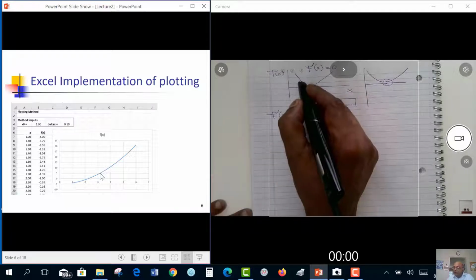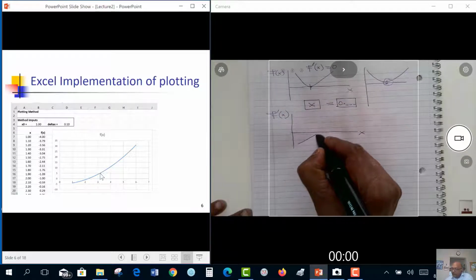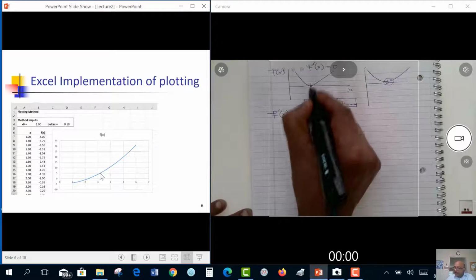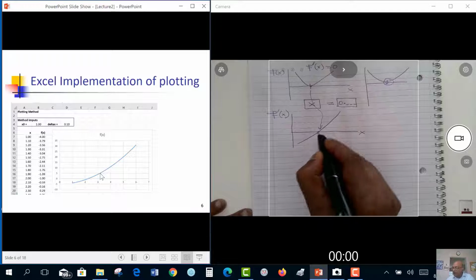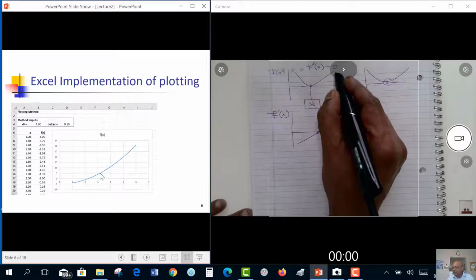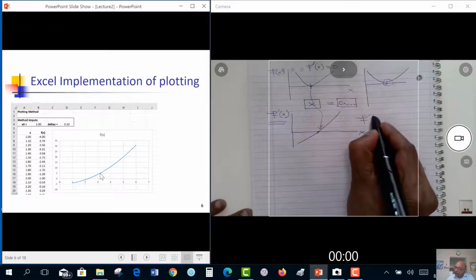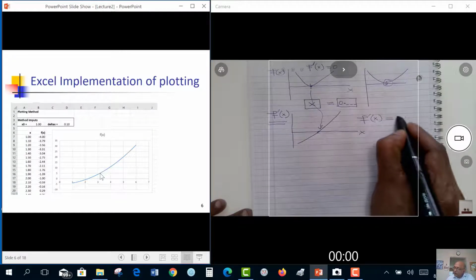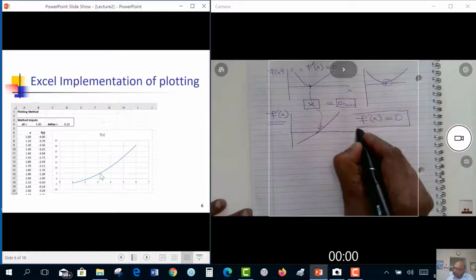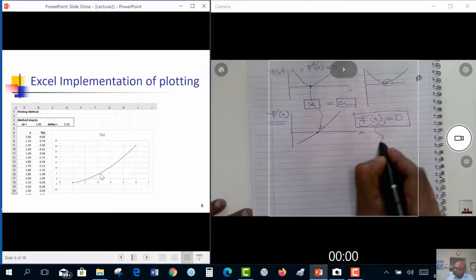You can see here the derivative is negative and then exactly at the same value it will cross and become positive. So this is the problem we will solve. Instead of f equal to 0, we will solve f prime equal to 0. Think of this as a different function g.